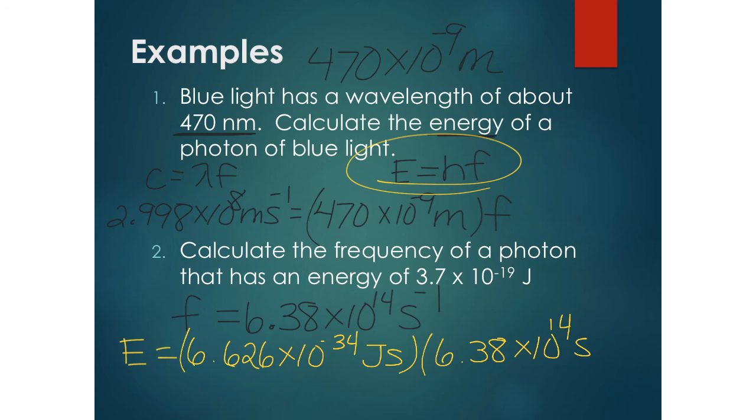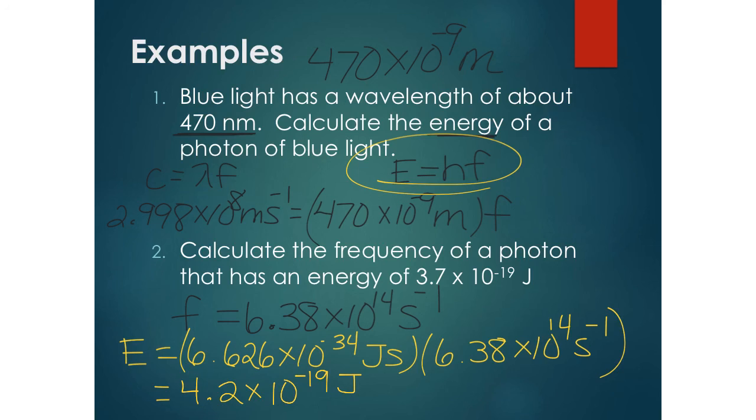Notice that is per second, so my seconds will cancel out, leaving me with joules. Once we plug that into our calculator, we get 4.2 times 10 to the negative 19th joules.